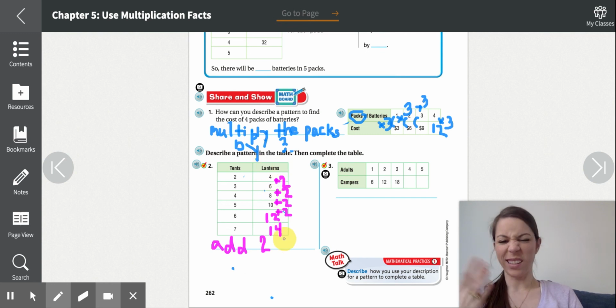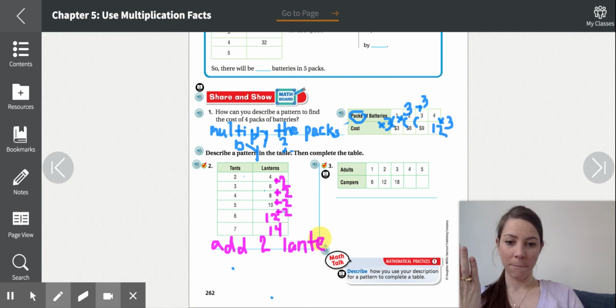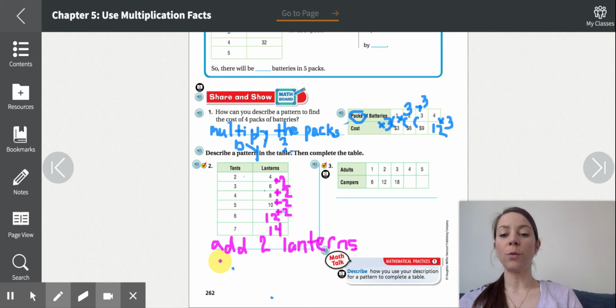Lanterns are like a type of light that you use with a little fire inside of it. Sometimes it's also a little light inside of it. Add 2 lanterns. And when do we add 2 lanterns? For each tent. So every time we add another tent, we have to add 2 lanterns. So we would say add 2 lanterns for each tent.